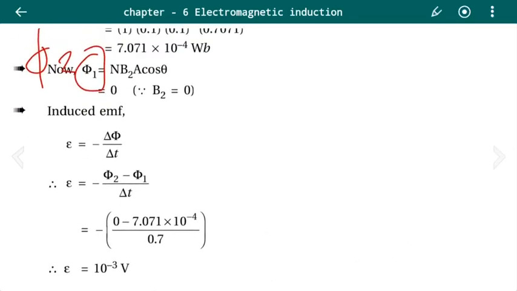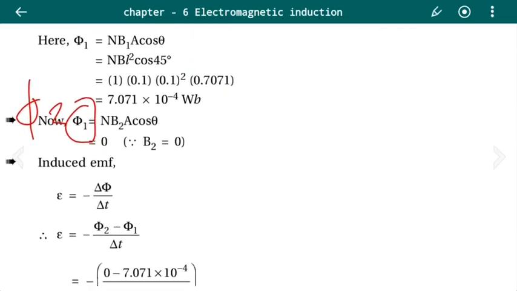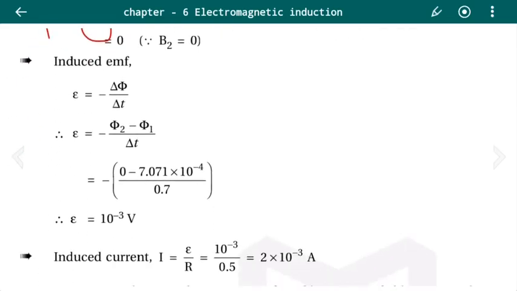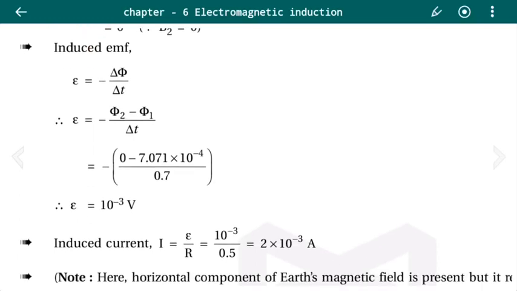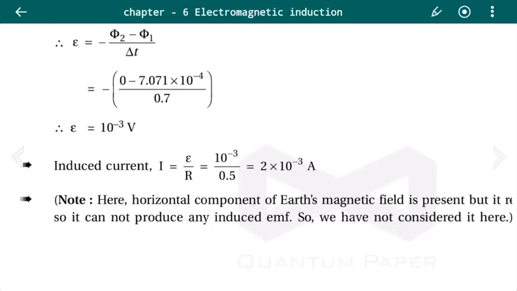Phi 2 value is 0, minus phi 1 value is 7.071 into 10 raised to minus 4 Weber. Substituting its value upon delta t, that is 0.7 second, and calculating this, we get 10 raised to minus 3 volt. So we got the induced EMF value, that is 10 raised to minus 3 volt.